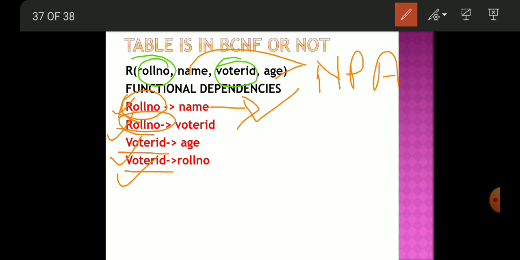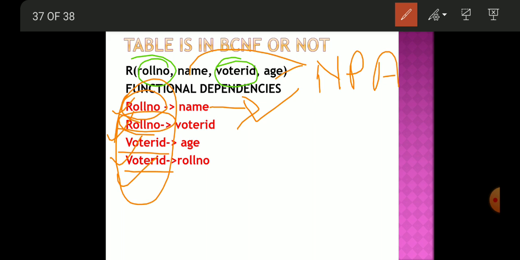If all the left hand side attributes are super keys, then definitely these functional dependencies are in BCNF, and we can say that the complete relation is in BCNF, right? So here is the solution. And one more thing: if you want to check from the third normal form, then you can check whether there is a transitive dependency or not. If you check third normal form, then automatically you have to check second normal form also, right?